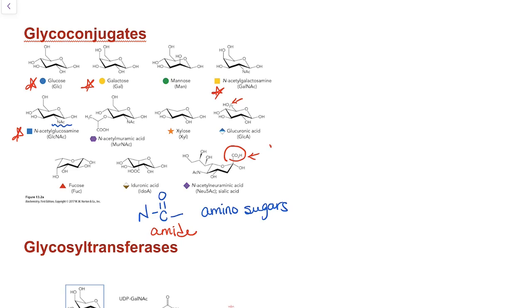So I'm just going to label these carboxylic acid sugars as well. And what that results in is a sugar code, if you will, for cells and proteins that allows them to be distinguished from each other.